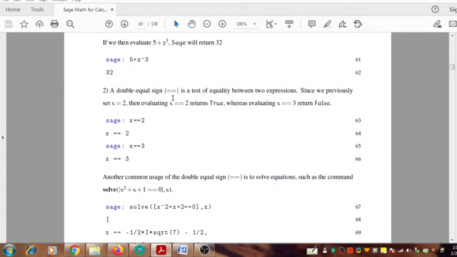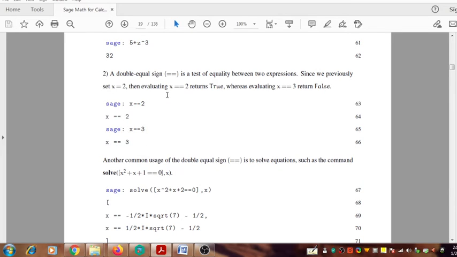Then coming to that point, assignment, equality or comparison expression, comparison operation, and that I have explained a little bit. Now see this expression, x double equal to 2. Suppose we write it, assuming that you have already assigned the value 2 to x, using the CoCalc system or using the SageMath system.